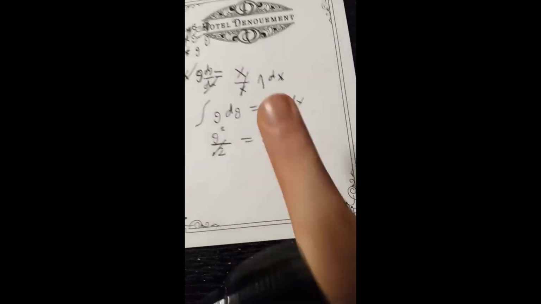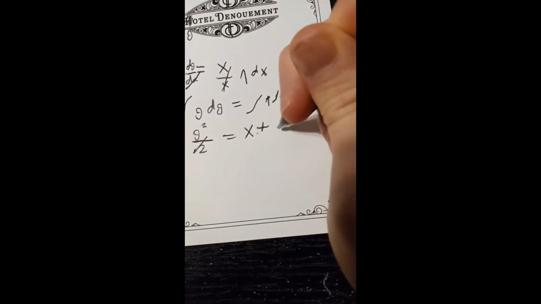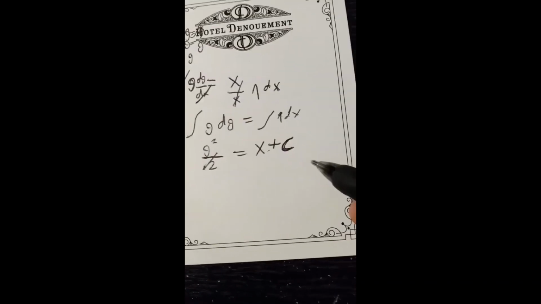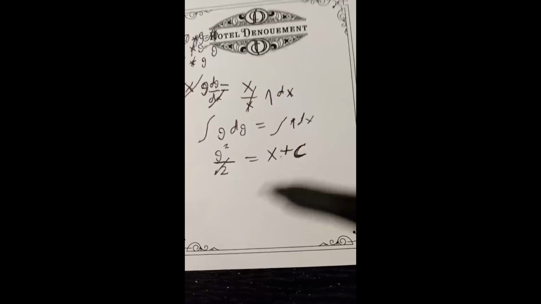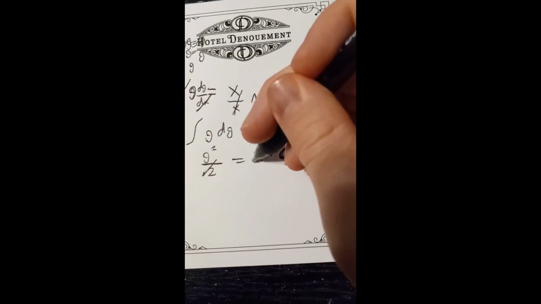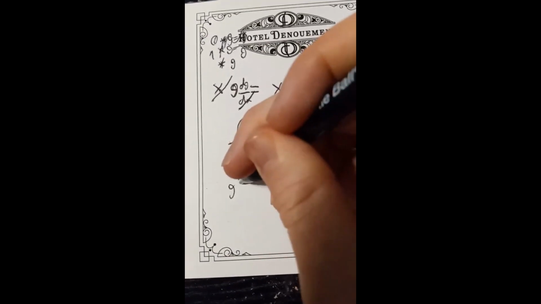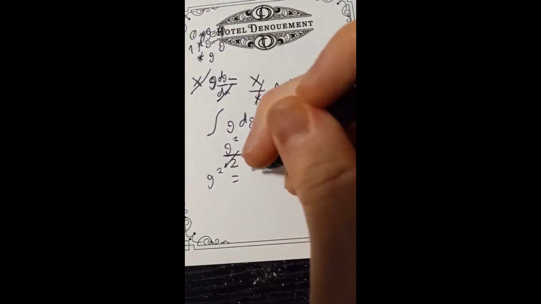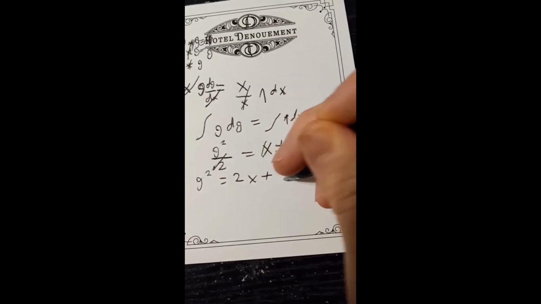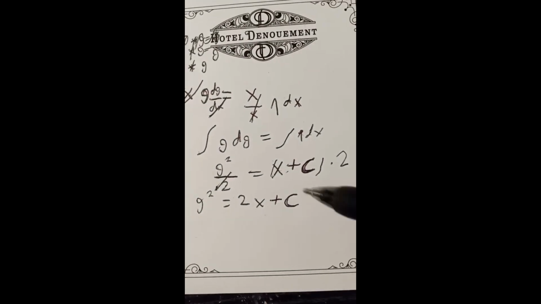Oh wait, we almost made a very elementary mistake. We forgot our constant, because when you're integrating, you always have the extra arbitrary constant. You don't know what constant it is, but it's technically always there. Now if you multiply both sides by 2, you're going to end up with g squared is equal to 2x plus c, because a constant times an arbitrary constant is just another arbitrary constant.